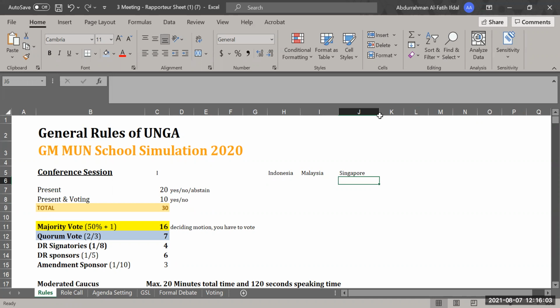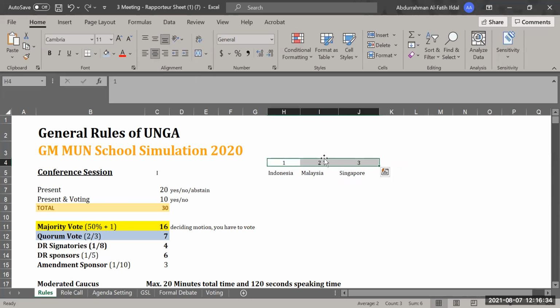Every country can propose an idea for us to discuss. For example, Indonesia is the first to propose, Malaysia is the second, and Singapore is the third.